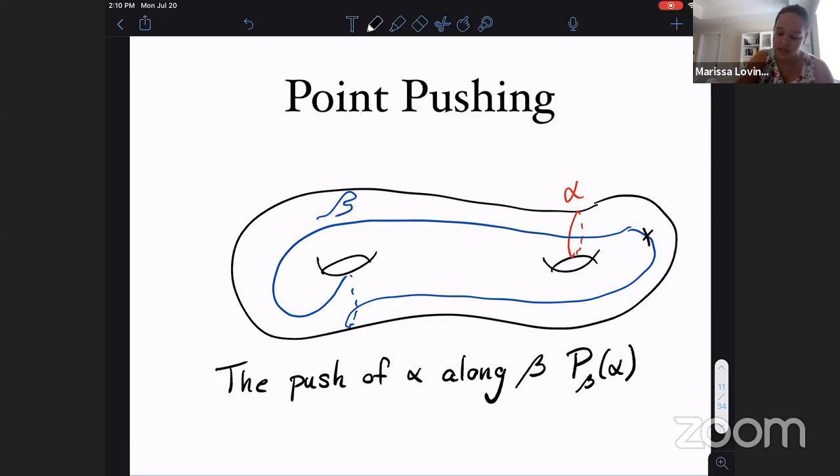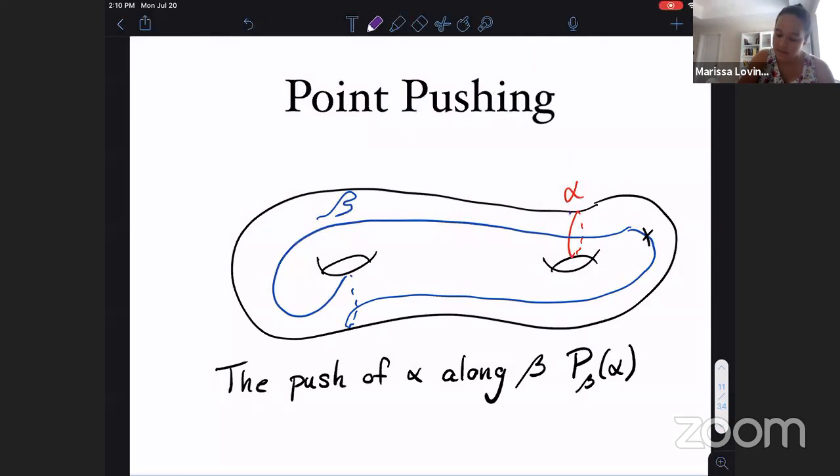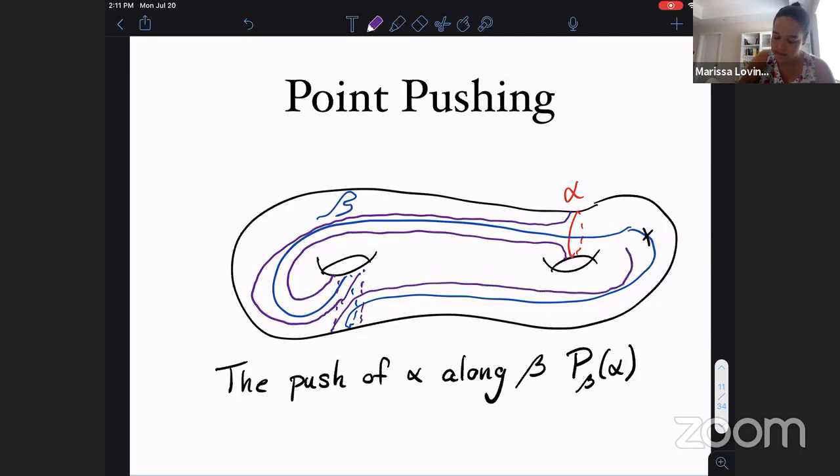So let me actually draw this. I'm going to draw the image of alpha in purple. We're just going to drag alpha along, following exactly along beta until we come back to where we started pushing.